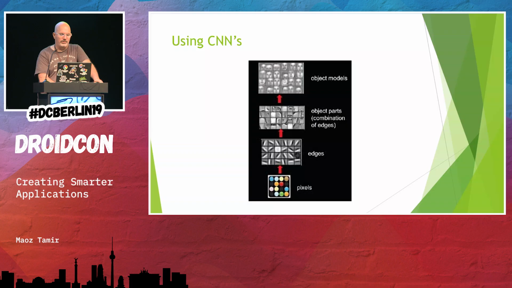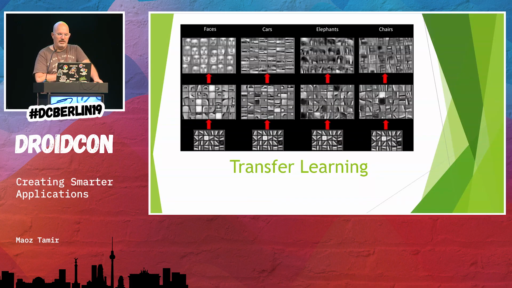But there is one feature that we can use to our advantage in neural networks, especially in CNNs, but not only in CNNs, which is, as you can see here, that the first layers of this network, where we identify the basic shapes, are pretty similar. So what we have to do is just train the upper layers.